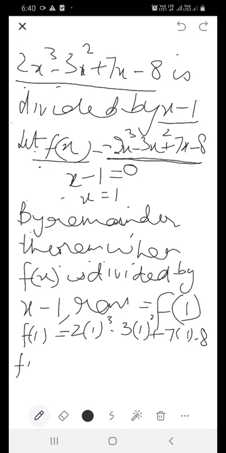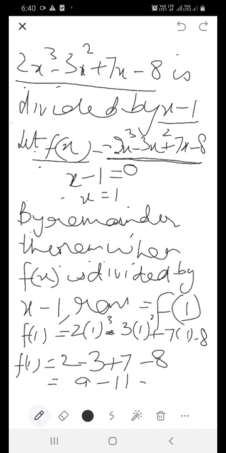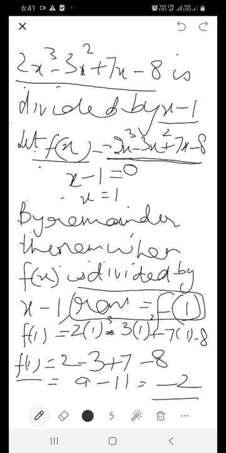Solving further, 2 into 1 cube is 2, minus 3 into 1 square is minus 3, plus 7 into 1 is 7, minus 8. It becomes 9 minus 11, that is minus 2. So what is the value of f(1)? Minus 2. And in the theorem, remainder is f(1), so remainder is minus 2.